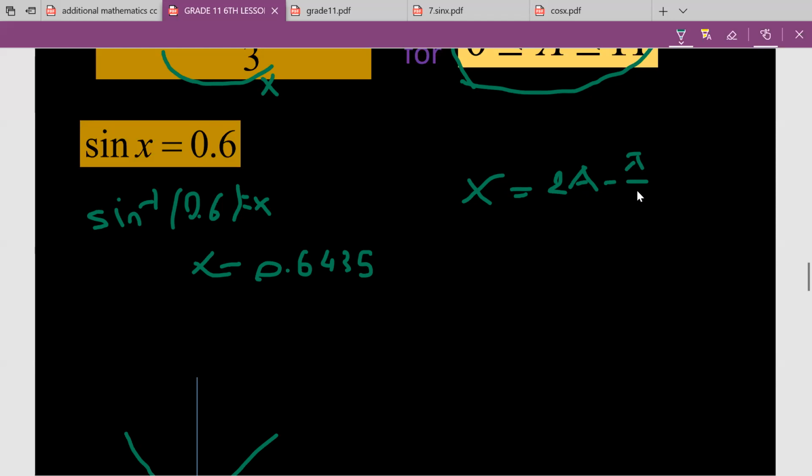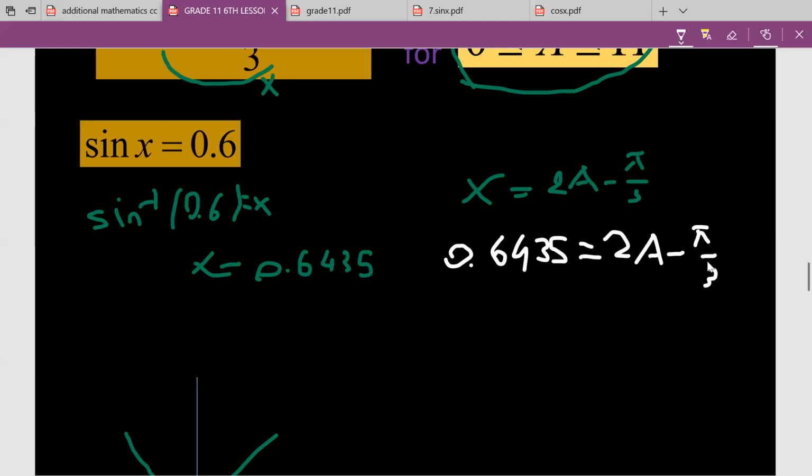So we found x is 0.6435, which equals 2a minus pi over 3.